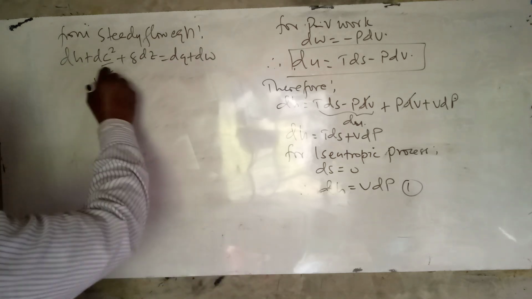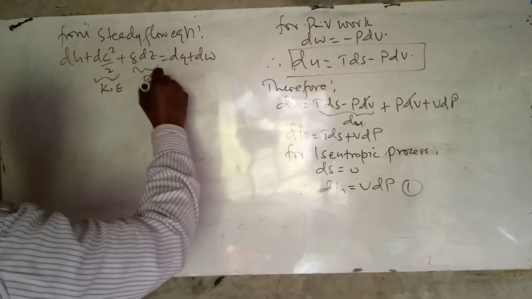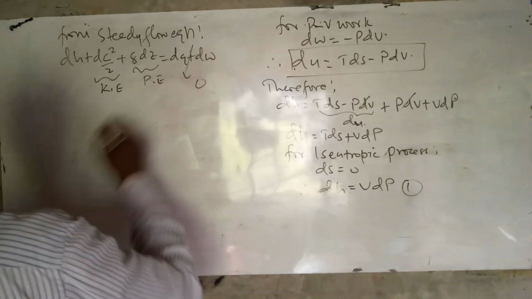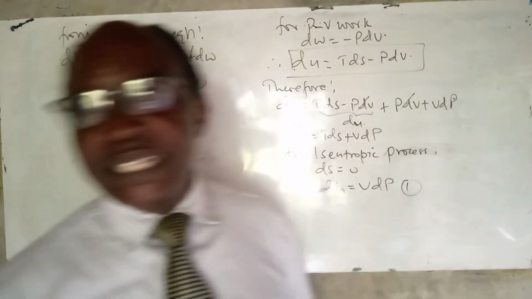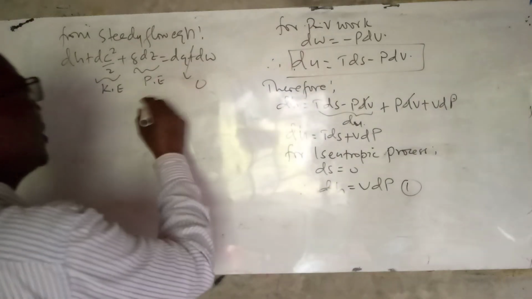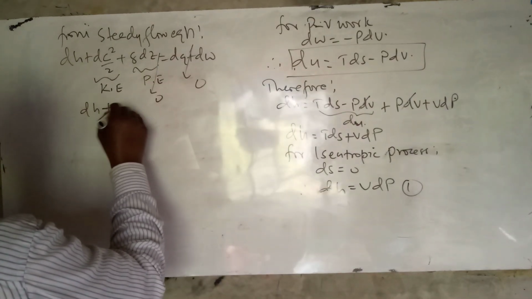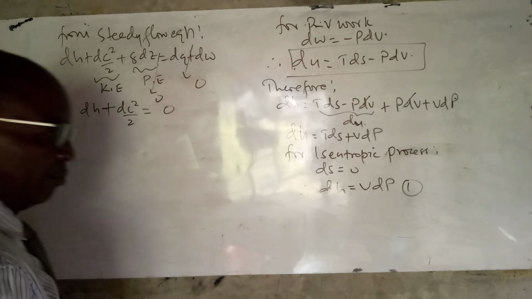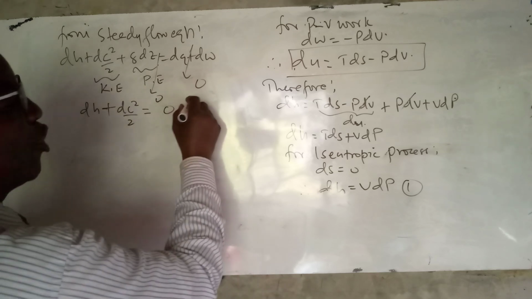This is representative of kinetic energy, this is representative of potential energy, and also these are 0. So if we assume there's no significant change from the datum level, we can assume this is also 0, so that we have dH plus d(c squared) over 2 is equal to 0. Let's call that expression number 2.